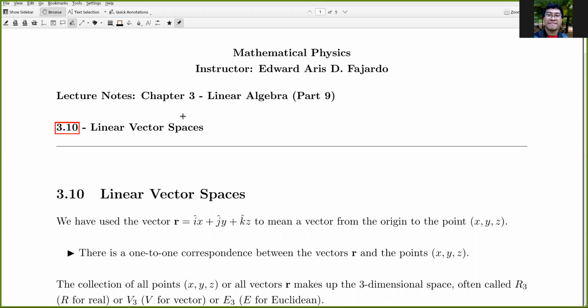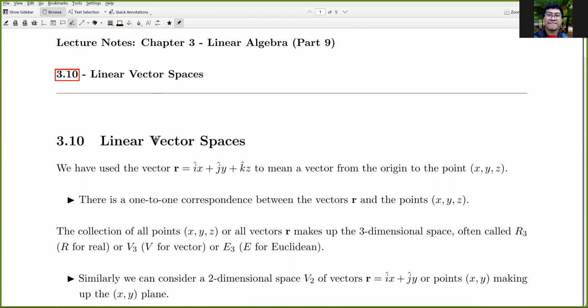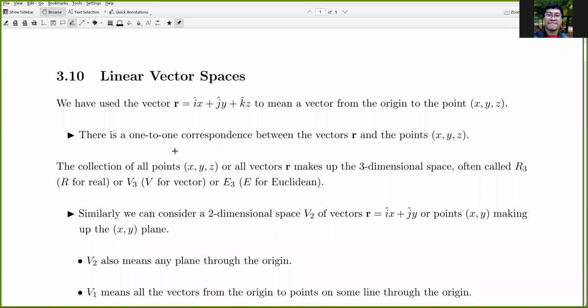Today we'll talk about linear vector spaces. We have used the vector r to mean a vector from the origin to the point xyz. There's a one-to-one correspondence between the vectors r and the points xyz.